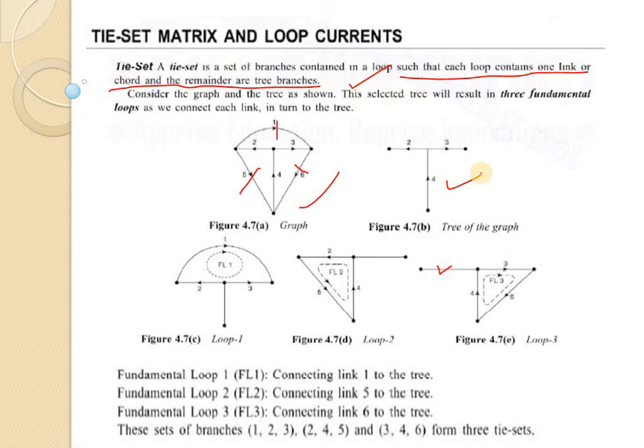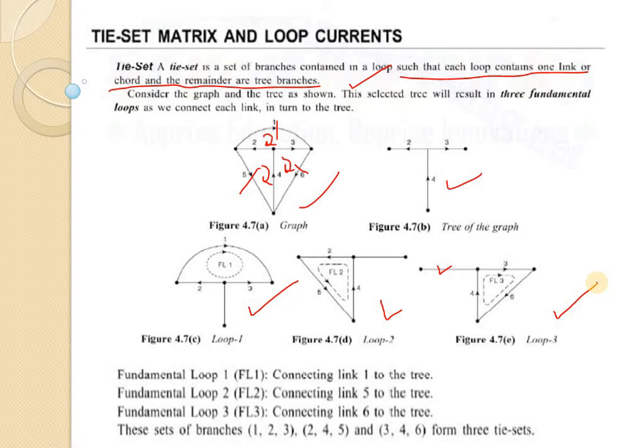Now we will see the loops present in the graph. This is the first loop, this one is the second loop, and this one is the third loop, and that part is separately shown here: loop 1, loop 2 and loop 3.